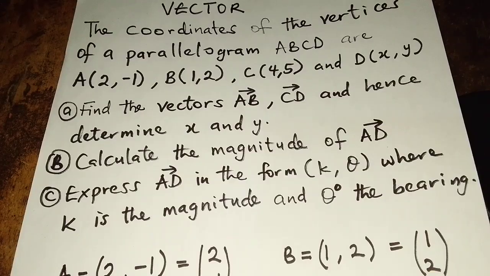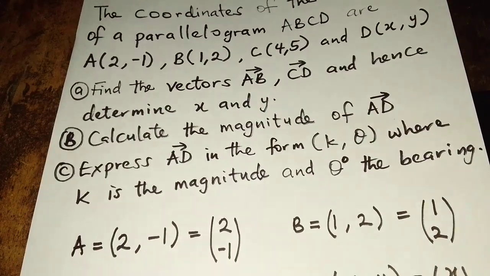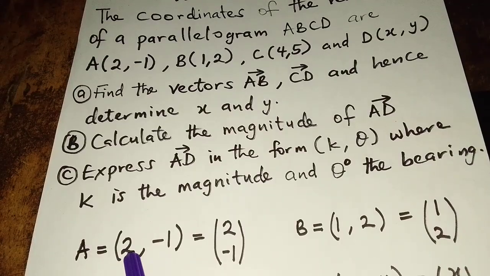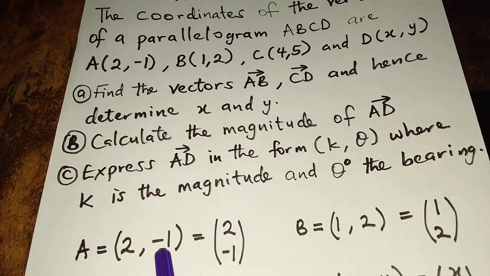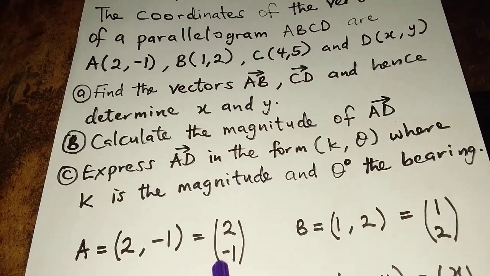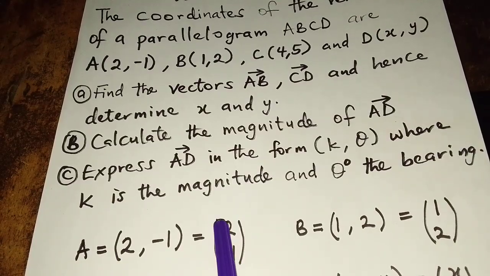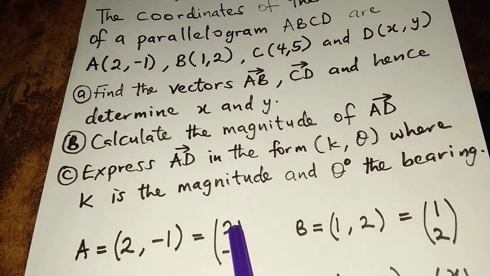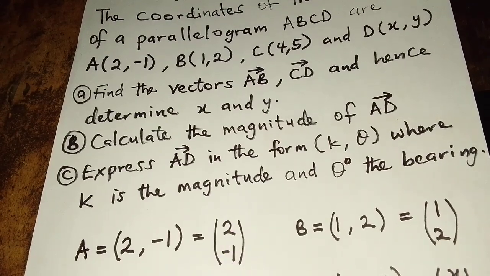Now, first of all, we are given that the coordinate of A is when x is 2, y is -1. You can write the vector like this also. The one on top represents x, this one represents y.